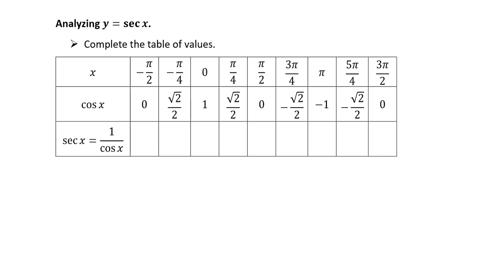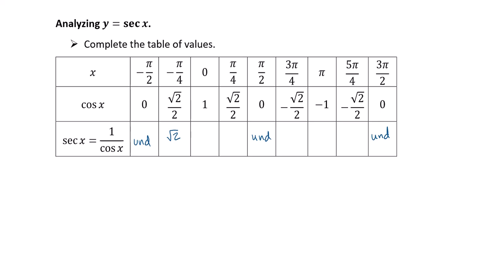The reciprocal of 0 is undefined, so we know that we're not going to have a graph there at negative pi over 2. Same thing at pi over 2 and for 3 pi over 2. So we're looking at some asymptotes there. And at negative pi over 4, taking the reciprocal there, I get square root of 2.